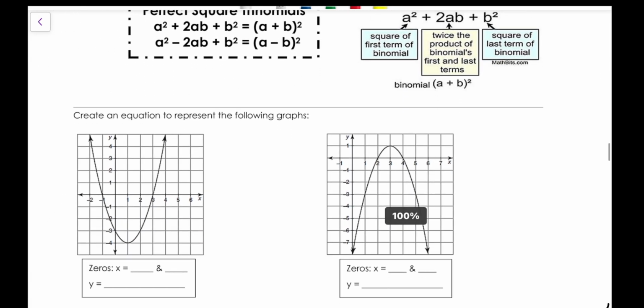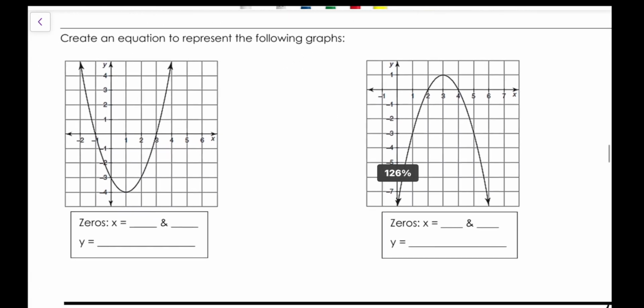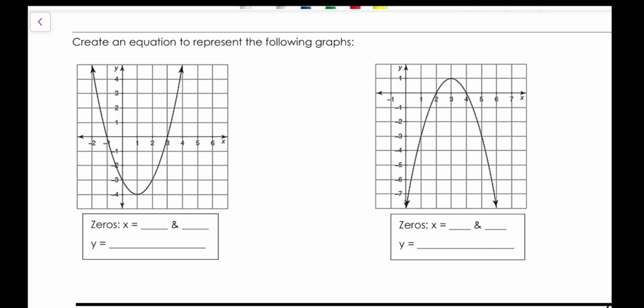Okay, new topic. How do we get an equation from a graph? Well, we look for things called roots, also known as zeros. Roots are essentially just x-intercepts, places the graph crosses the x-axis.